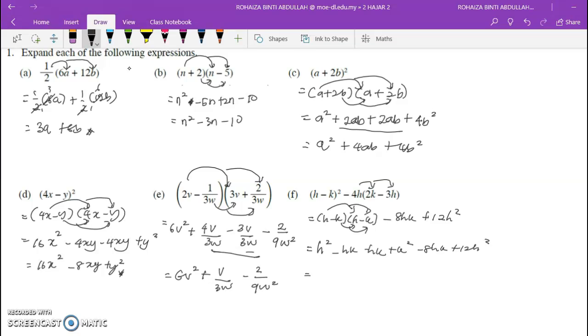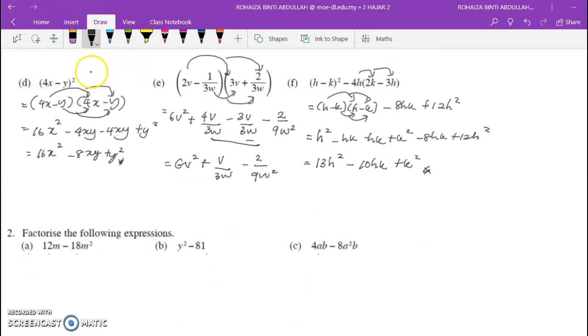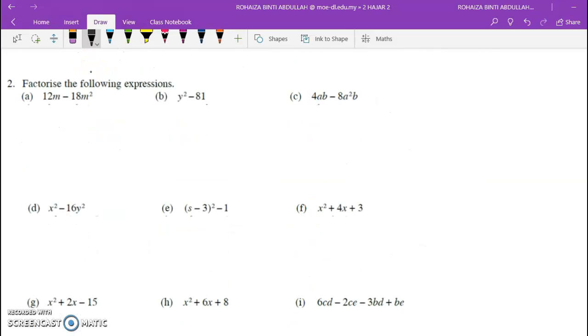Okay, find the like term. Square ada. So, dia jadi 13h square. Okay, negative hk minus hk, negative 2hk. Minus 8hk. So, plus k square. So, that's the answer. And now, we go to number 2.